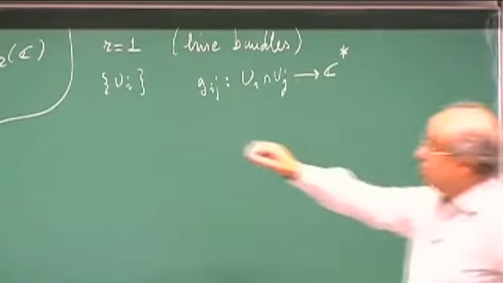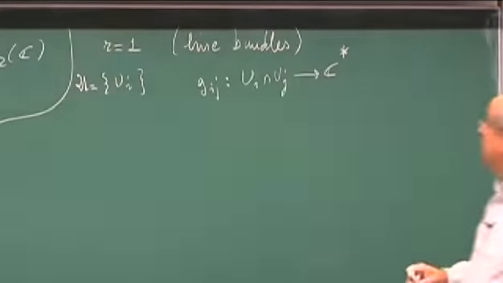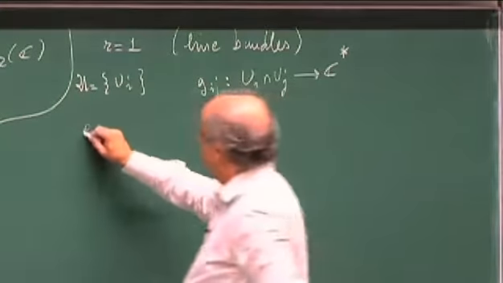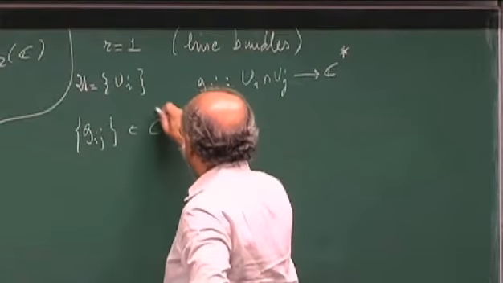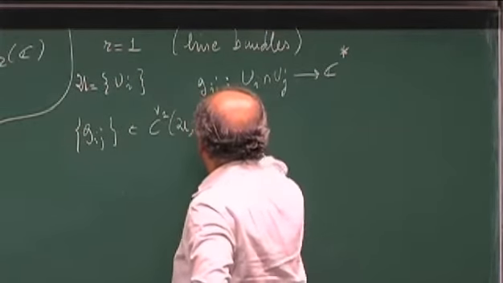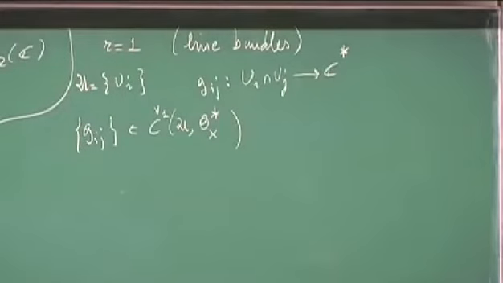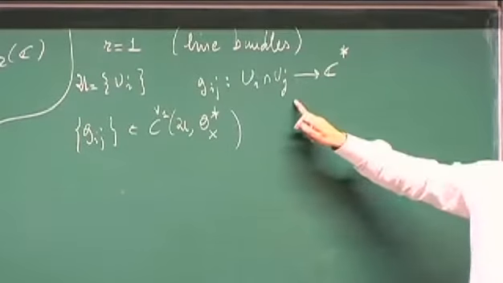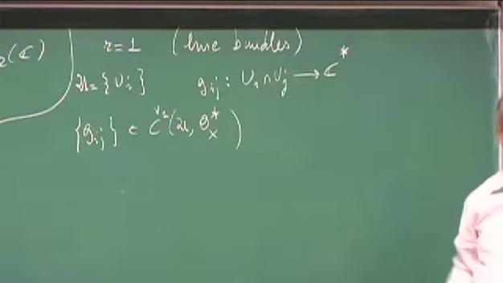Yes, we do, because let me call U this open cover. This is exactly a one cochain in the sheaf OX star. Right? For every non-void double intersection there is a non-vanishing holomorphic function. So it is exactly a one cochain here.